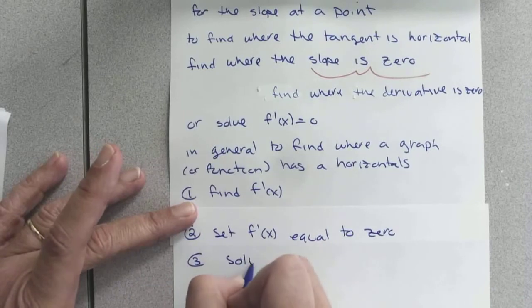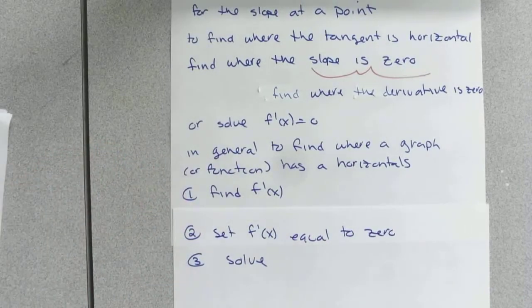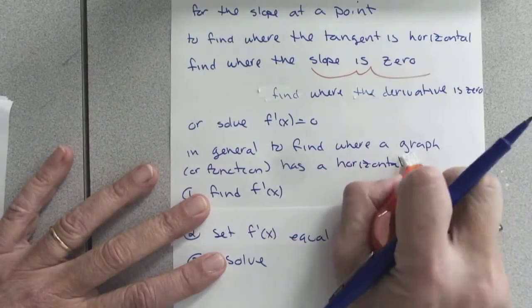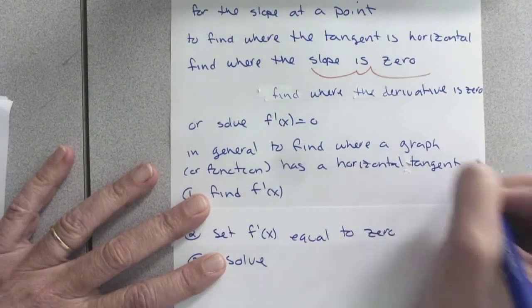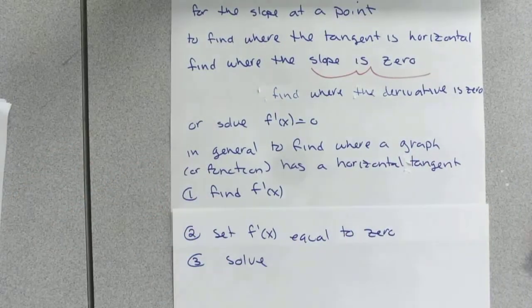And 3, solve. Those are always the basic steps to finding where a graph or a function has horizontal tangents.